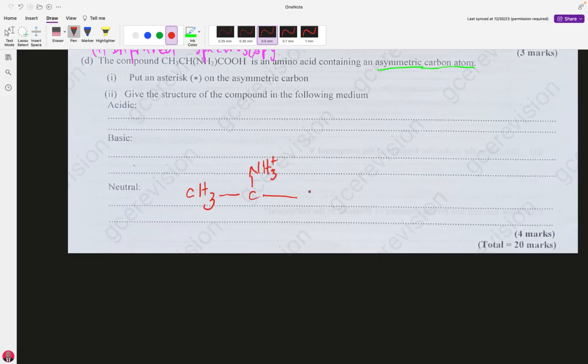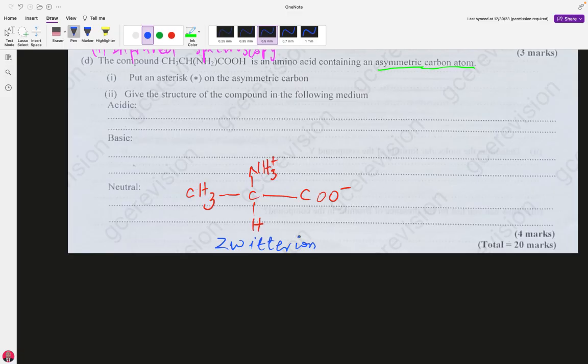This is a COO minus. That is the acid, and that is the hydrogen, and we call it zwitter ion.